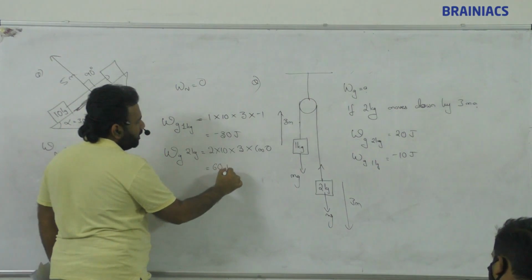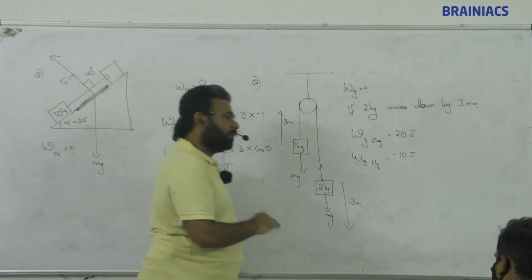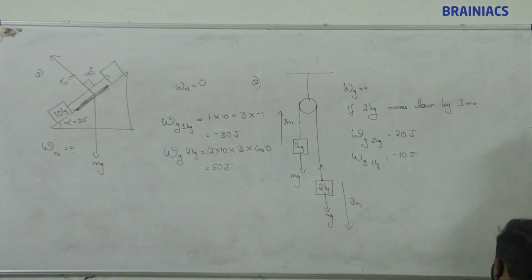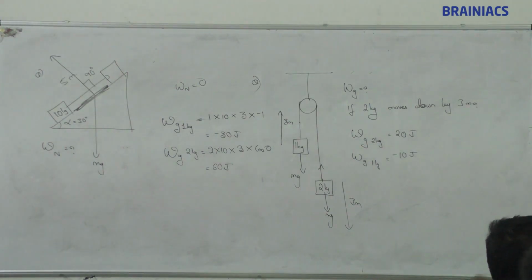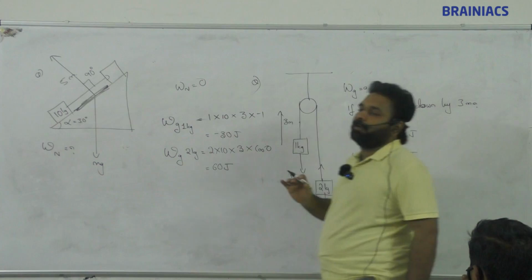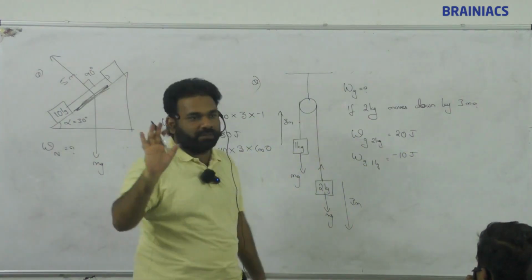So 60 joules. This is the work done by gravity. Correct or what? Fine. Acceleration will be g by 3, no sir, for that system. But that is why I will solve for tension also, then you may get it. Okay, so this is the work done by gravity alone.